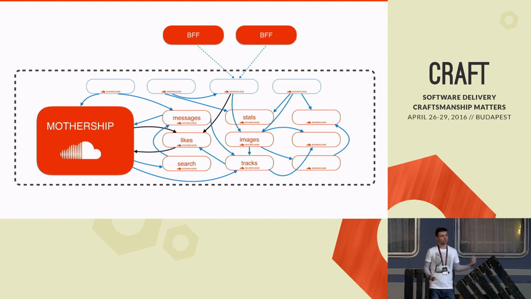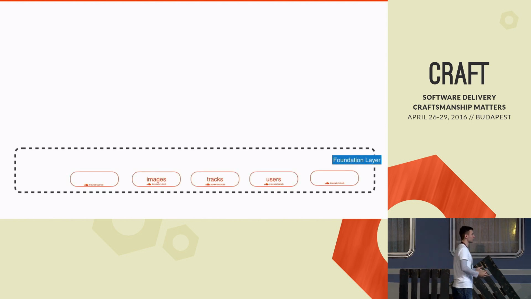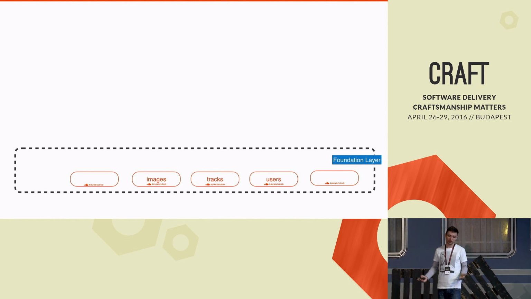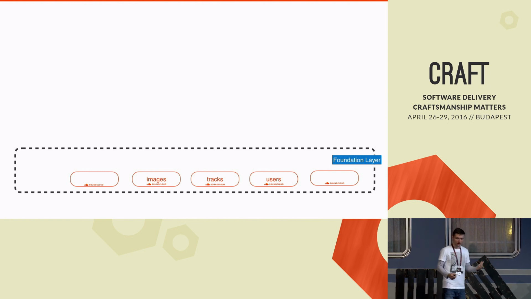What we came up with was layers for our services. So we defined layers, and for each layer we defined high-level objectives for the services that live in that layer. At the very bottom, we came up with something that we call the foundation layer. The high-level objective for the services on this layer is that, first of all, they don't talk to each other.